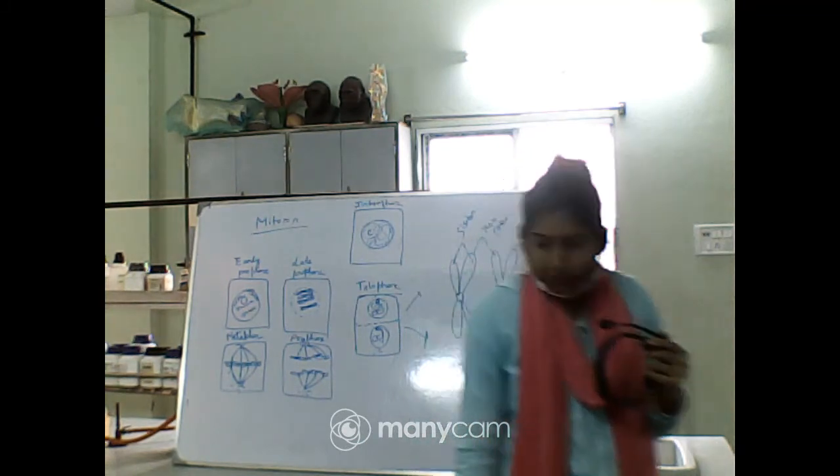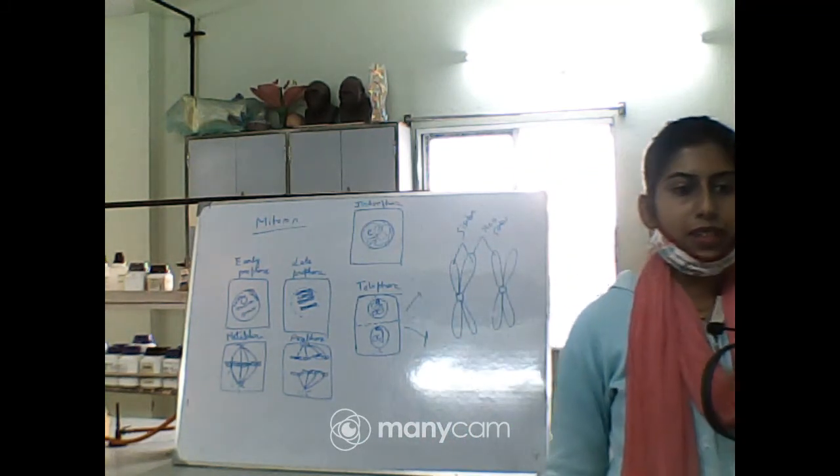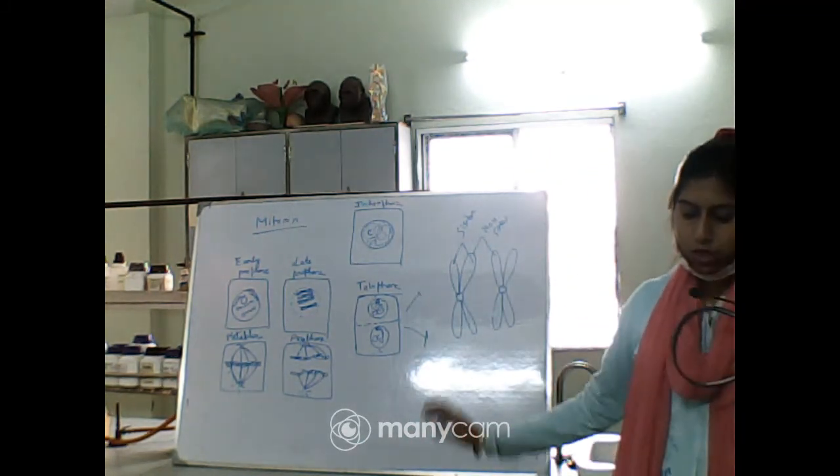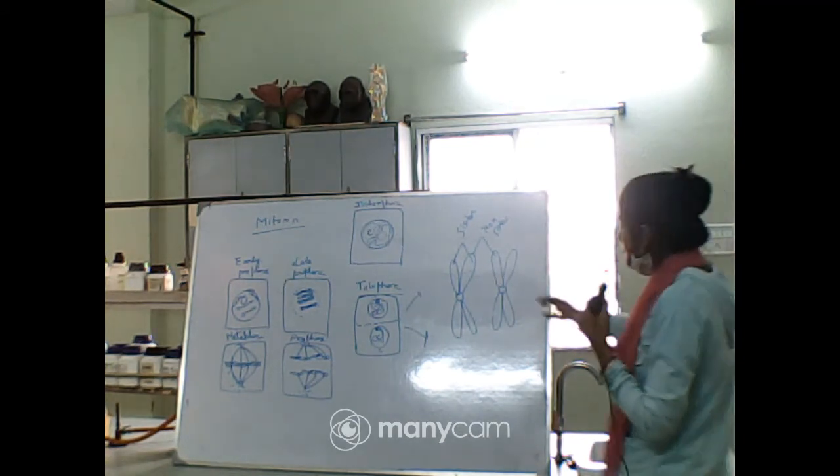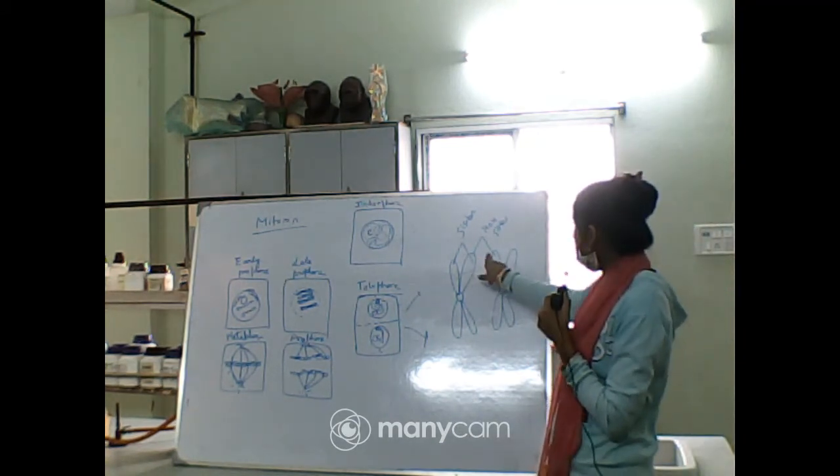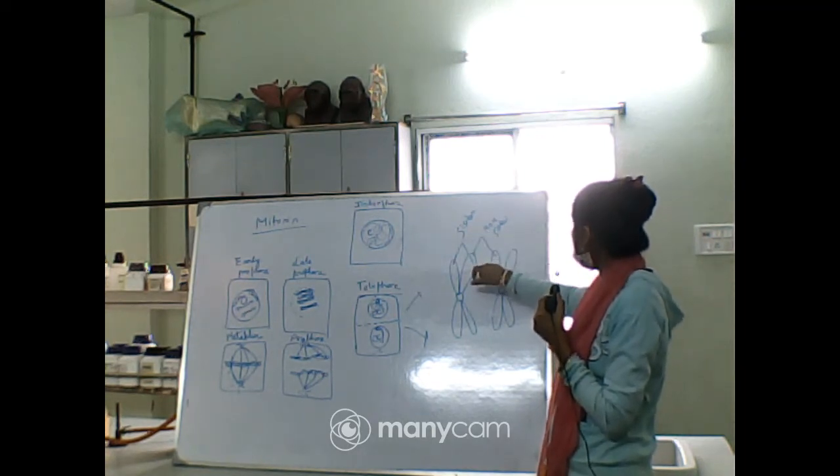Now come to the next phase, anaphase. Here we have used two terms: sister chromatids and non-sister chromatids. What is the meaning of sister chromatids?